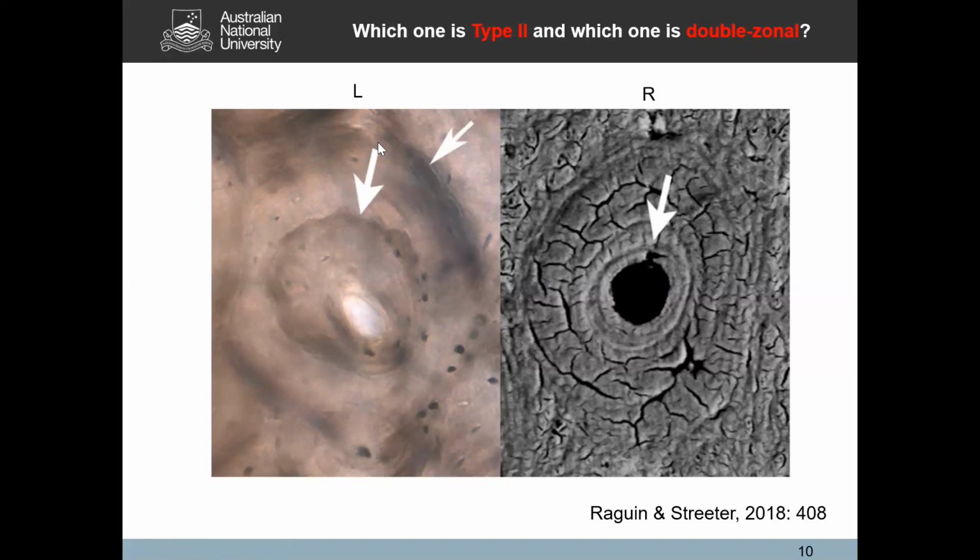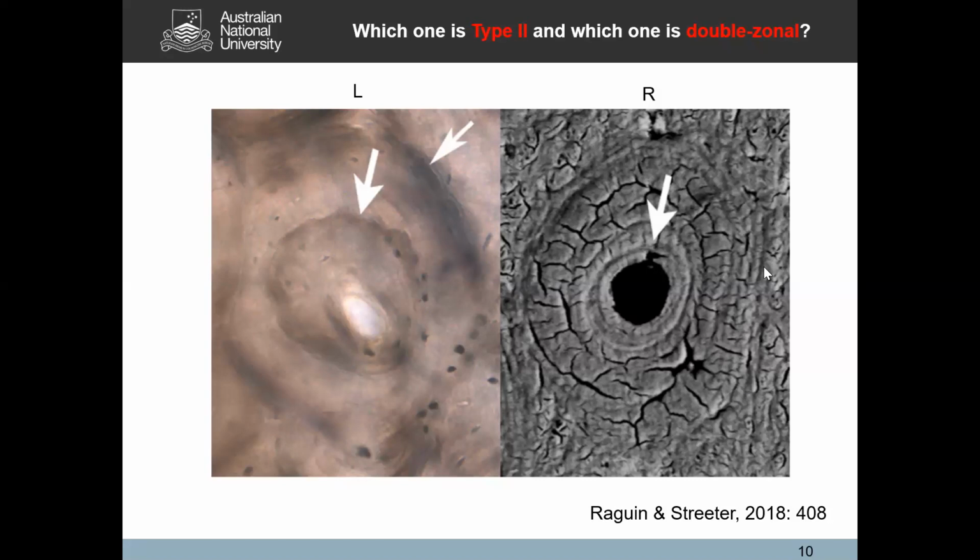So the left one here is a type 2. It has 2 separate cement lines. So this is an older osteon here, and this is a younger osteon, and 2 separate remodeling events, but contained within 1 unit. And then this one on the right is a double zonal. Now, this picture is actually not a thin section. It's a scanning electron microscope image of a bone surface.